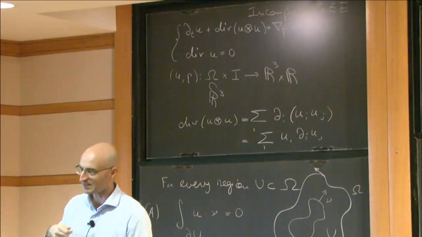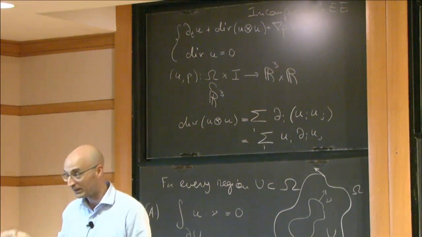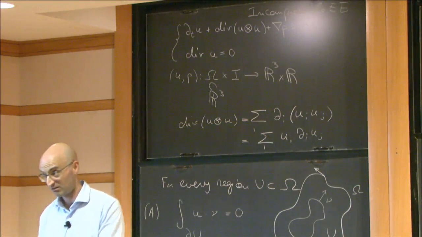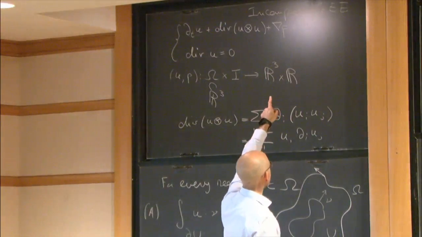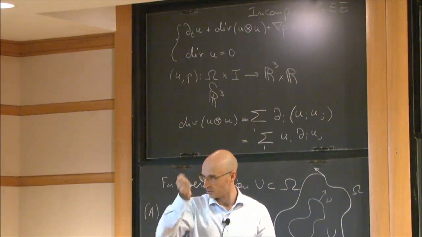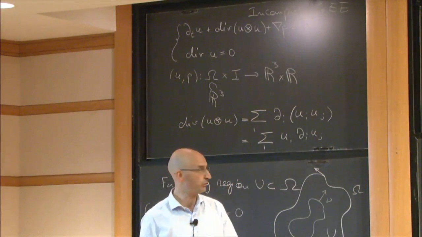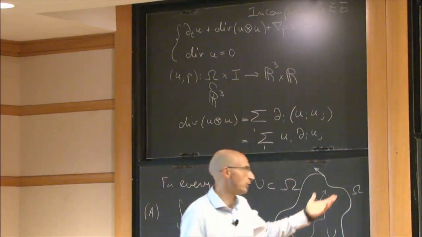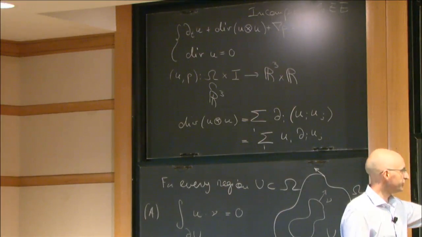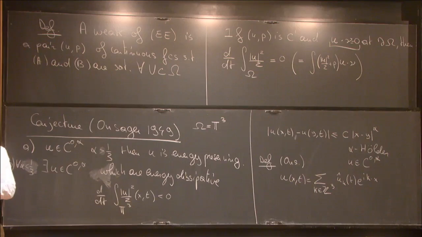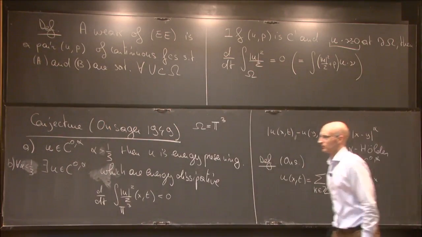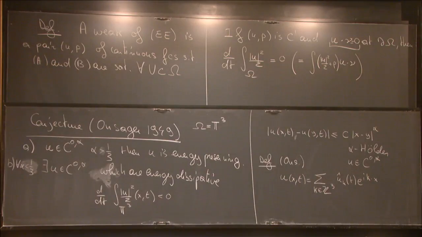So the gradient of P is actually uniquely determined once you know U. If you want, I can just ask that the average of P in space is constantly equal to 0, and then the pressure would be uniquely determined by U. And that's maybe also the reason why you don't see it over here. Anyway, once you have that U is Hoelder continuous, the pressure will be Hoelder continuous also with some modulus. So good. So there are two things which are strongly linked with this conjecture.